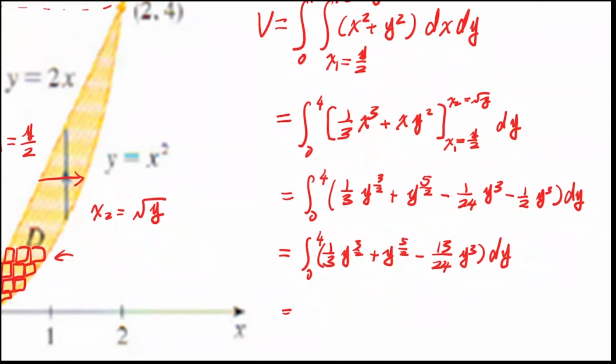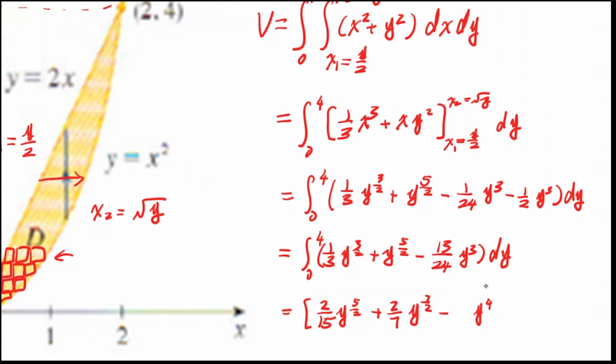Okay, now we integrate. So we have y to the 5/2, so 2/5, 2/15, plus, and this becomes y to the 7/2. So therefore 2/7. And this is a headache one. This becomes y to the, oh, actually not that bad, right? 4s and divide.